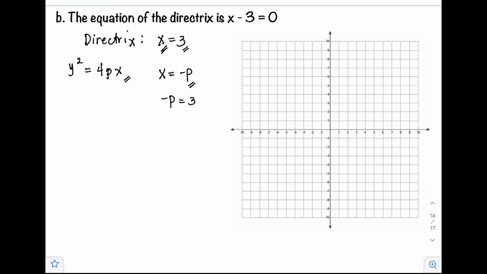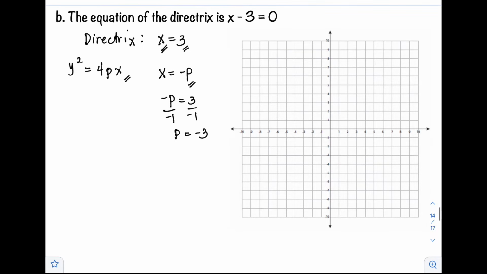Then, solving for p, we divide both sides of the equation by negative 1. So our p is equal to negative 3. Got it, guys? Since our p is negative 3, which is less than 0, the opening of our parabola is to the left.